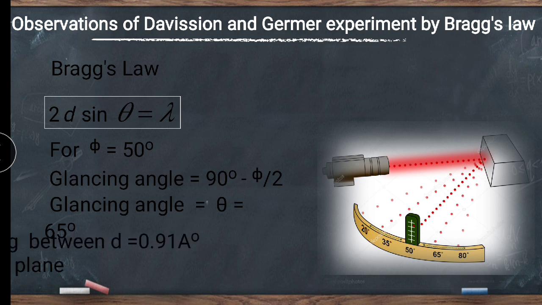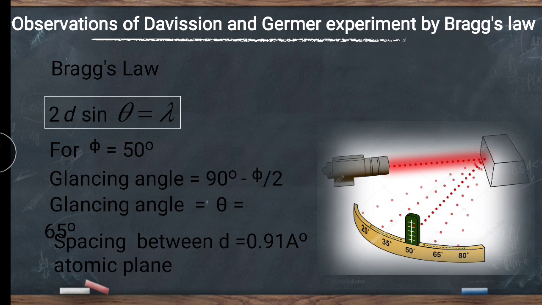Now we are going to see the next step. As this equation has d, what is the value of d for nickel? It is constant, or in the exams, in the question paper they will provide this value, right? So the value of d is equal to 0.91 Angstrom.